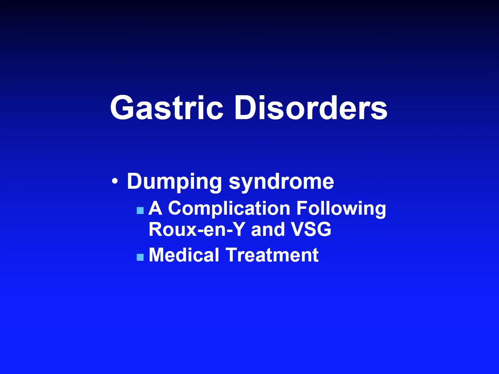So far I've talked about the motility patterns in the mouth or the oral cavity, in the esophagus, and in the stomach. The oral cavity has two stages, oral and pharyngeal.